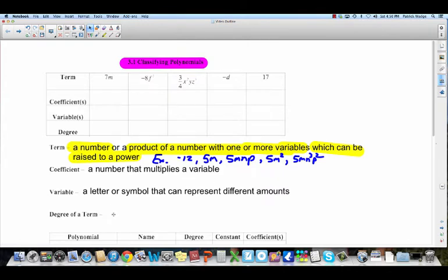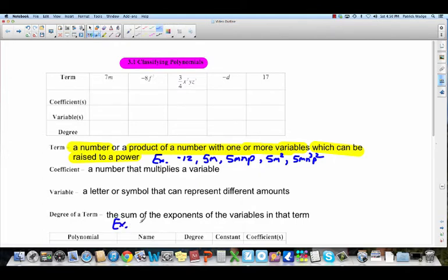The degree, a little bit more difficult. It's the sum of the exponents of the variables in that term. So if you look at a certain term, let's do an example here. If we had something like 7m squared, then if I look at the exponent of the variable, here's the variable m, and its exponent is 2, so the degree is 2.